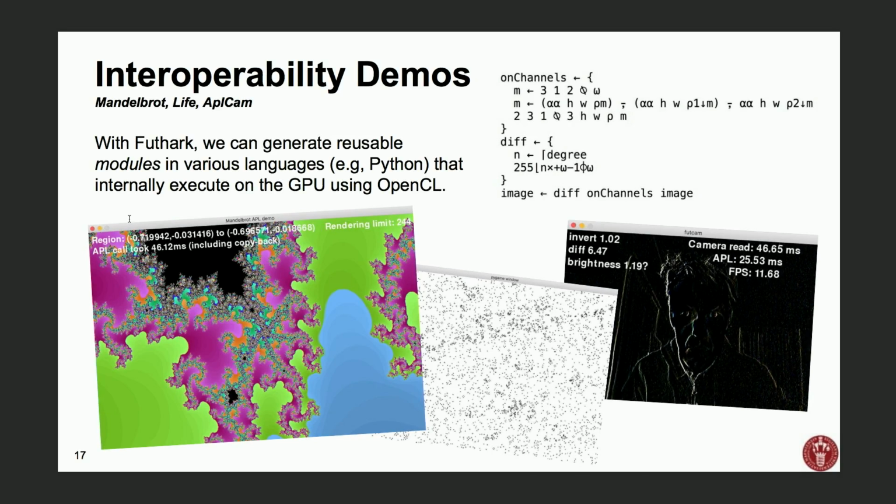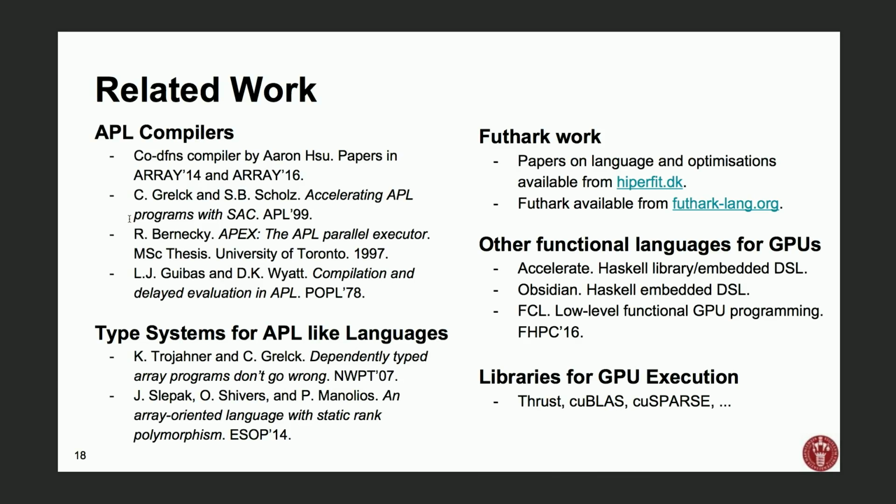And then I just want to show here at the end, there are some interoperability demos that we can do. We showed them last year. This is all still working well, and there's some work on integration. Lots of related work. Of course, in this area in particular, I should mention the Aaron Hsu work that you've probably heard about, and there's also been I think a working class where you could actually try it out.